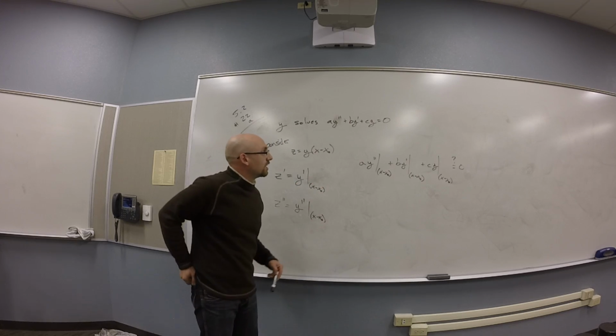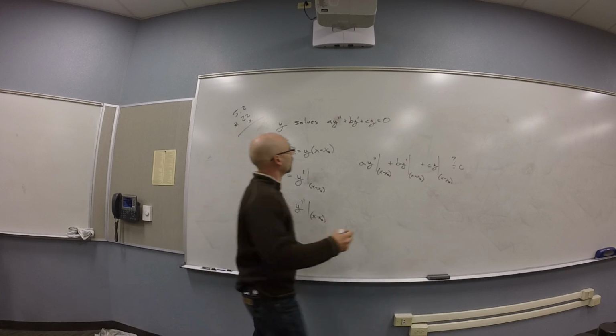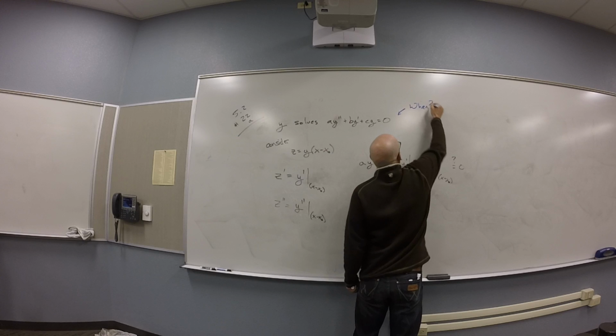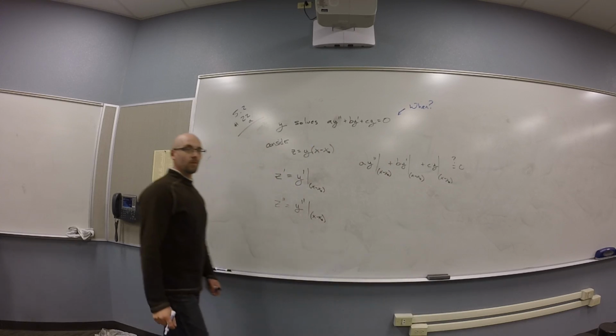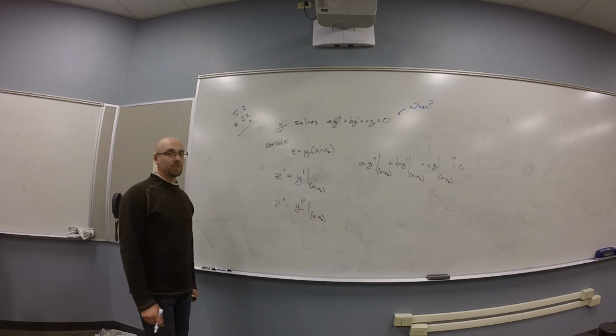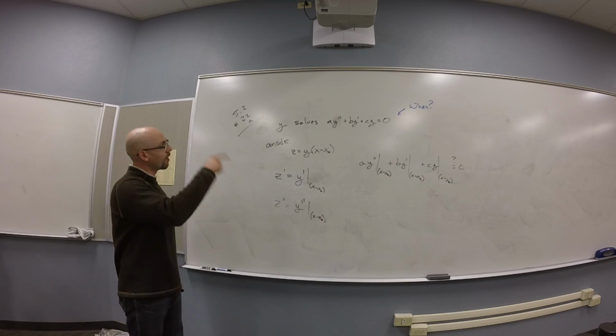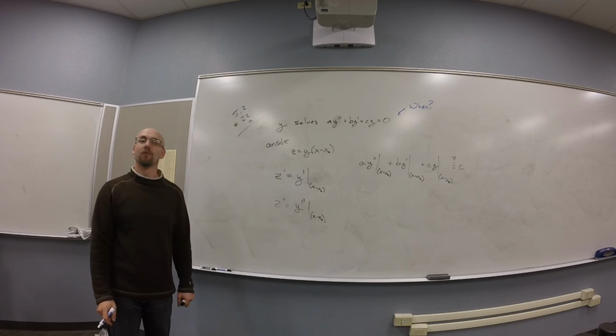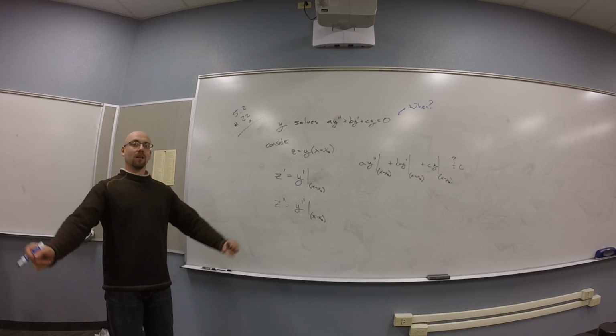So the question then is, when does a y double prime plus b y prime plus c y equal 0? For what x's? When x equals x naught?